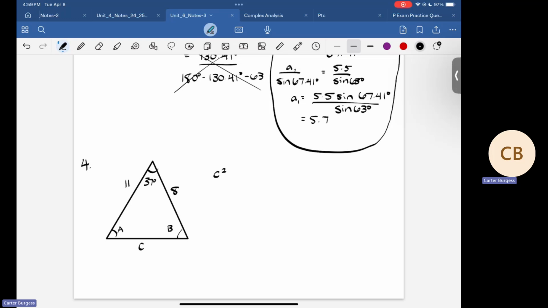In this case, that C squared is equal to A squared plus B squared minus 2AB times cosine of C, and solving for C by taking the square root of both sides. This is going to be, get my order right here, it doesn't matter, but I'll just be consistent. 8 squared plus 11 squared minus 2 times 8 times 11 times cosine of 37 degrees.